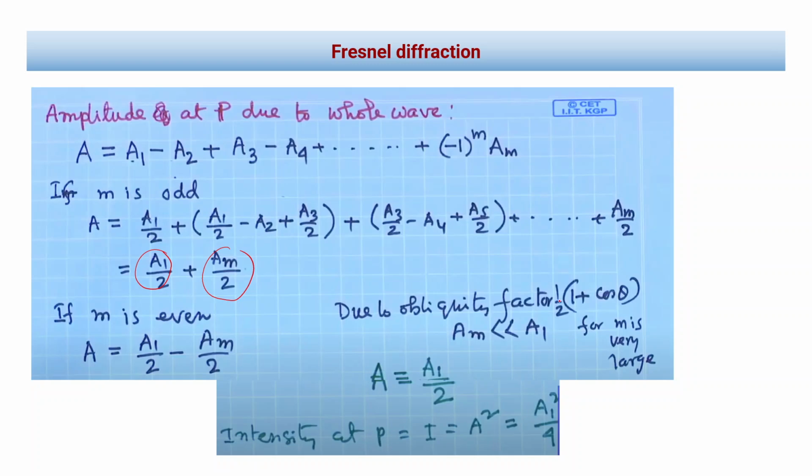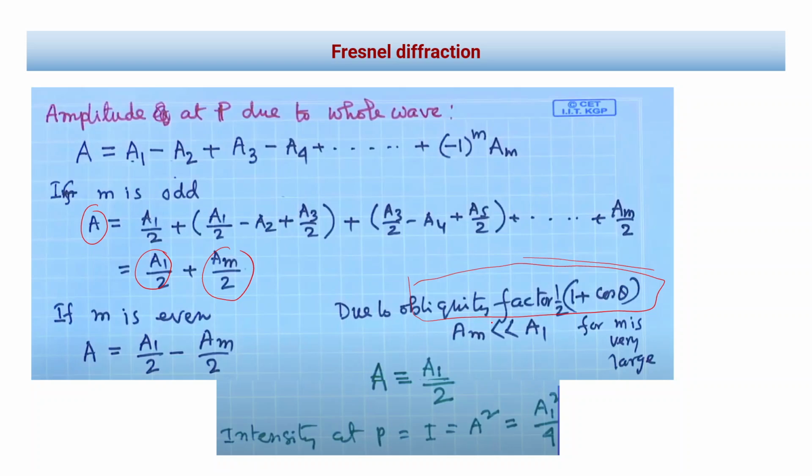Now, due to the obliquity factor, which is half of 1 plus cos theta, this tells what amplitude we'll be seeing at the screen. This obliquity factor tells how much amplitude we'll be getting. If M is large, that means we are dividing it into many zones, then the amplitude of the last zone will be very small, because the obliquity factor depends on theta.